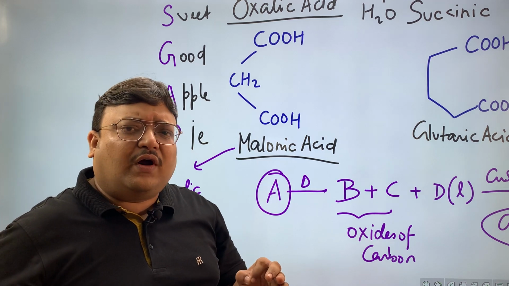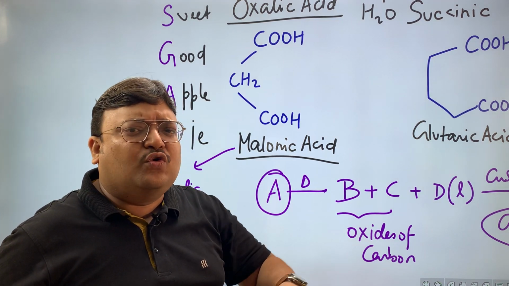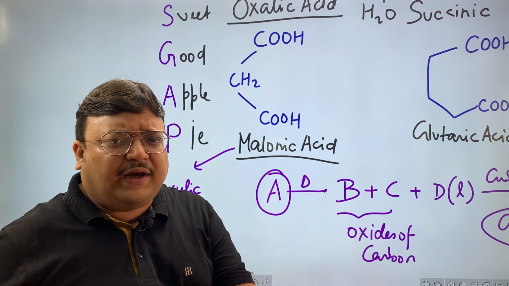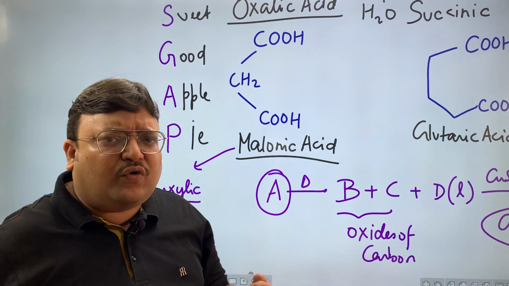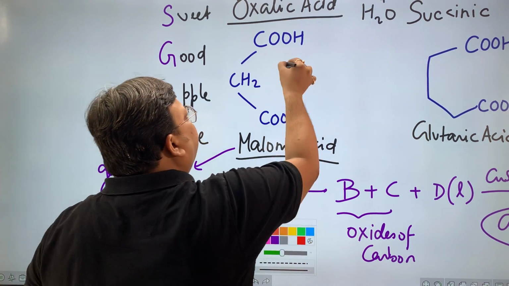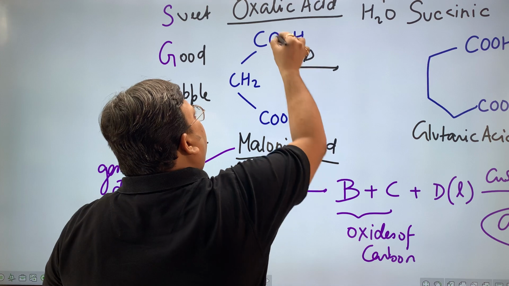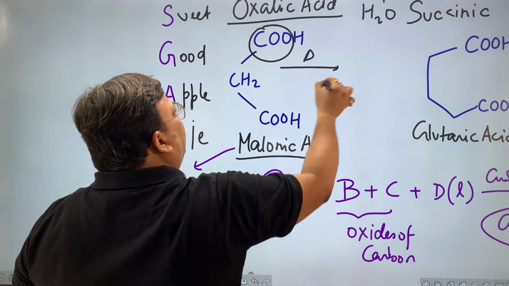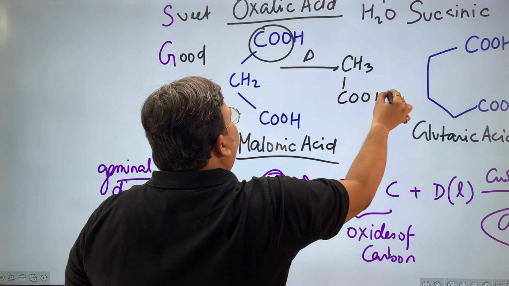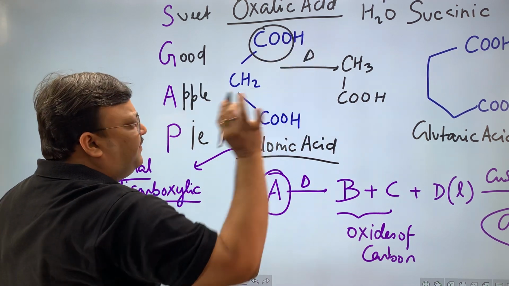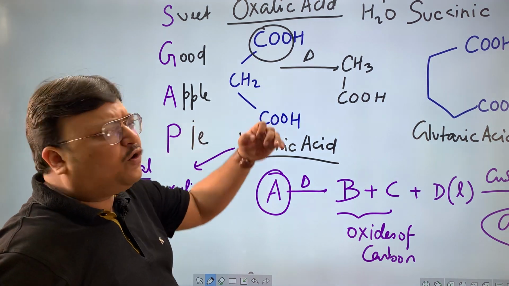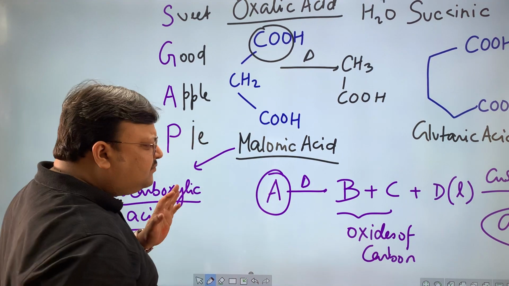And you know, on heating geminal dicarboxylic acid, you lose carbon dioxide. It's a typical character of geminal dicarboxylic acid. One carbon par do COOH, on heating it will lose carbon dioxide. So the same will happen with malonic acid. You heat it, carbon dioxide gone, and you will get CH3COOH. So the heating effect of malonic acid would be loss of carbon dioxide or decarboxylation.